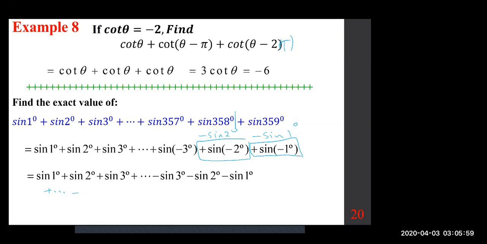So sine of 1, sine of 2, sine of 3, sine of 4, all the way to sine of 179 degrees plus sine of 180 degrees plus sine of 181 degrees. And of course, the rest of it. Now, why am I writing the middle ones? Because I want to make a point. The point being, let me use a different color.